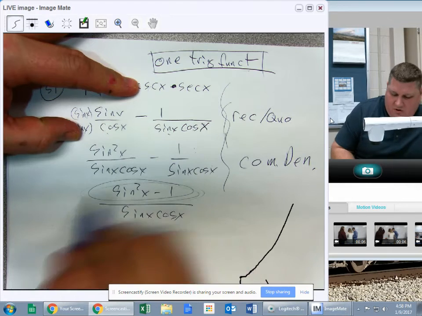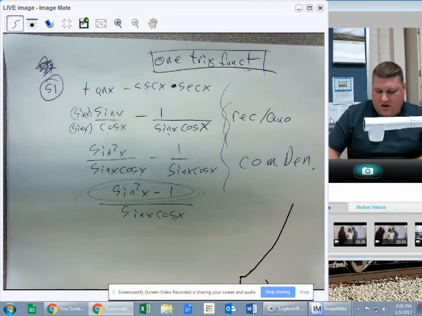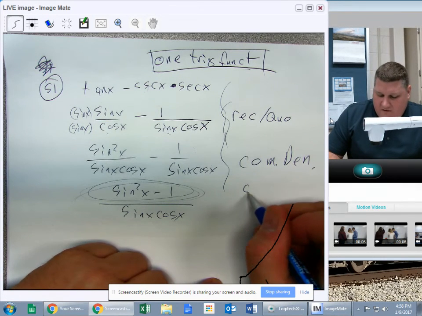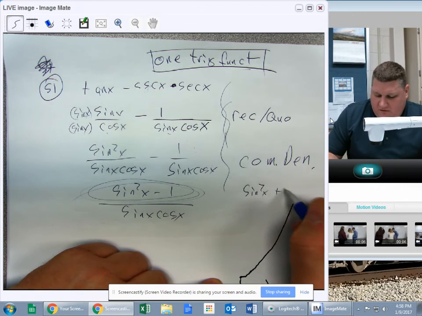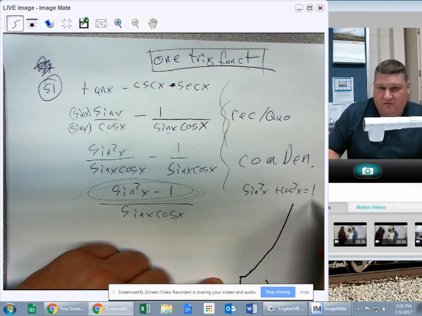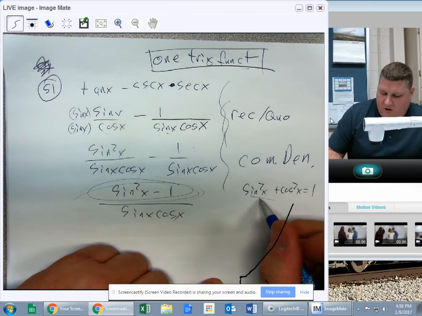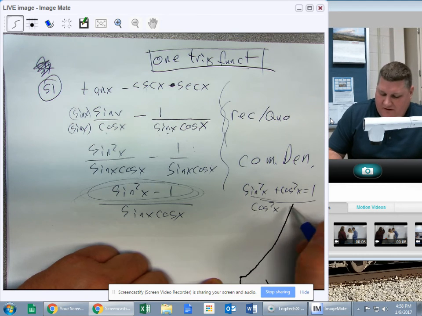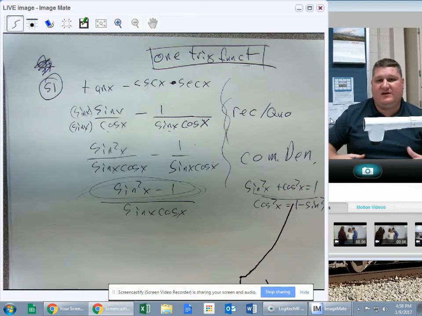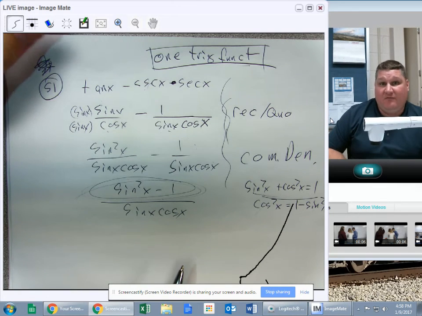Ooh, sine squared x minus 1, yay. No, because sine squared x plus cosine squared x equals 1. If I move the sine across, it's cosine squared x equals 1 minus sine squared x. It's backwards. How do we deal with backwards? Negative 1.